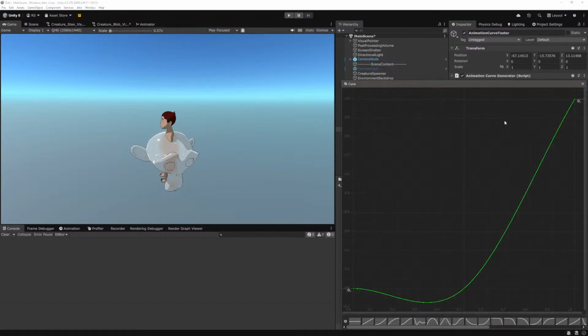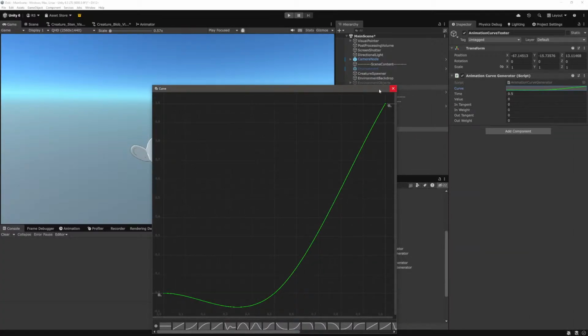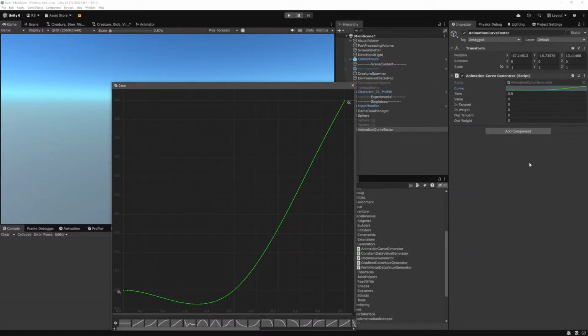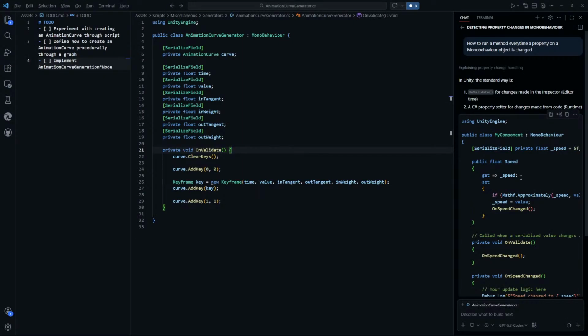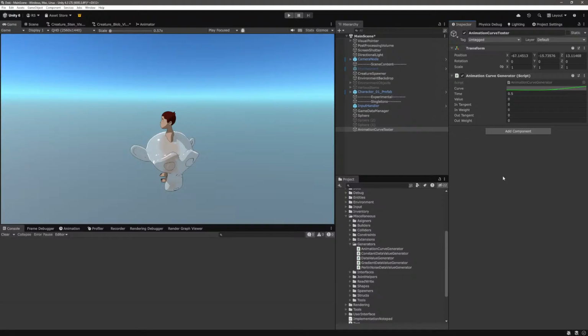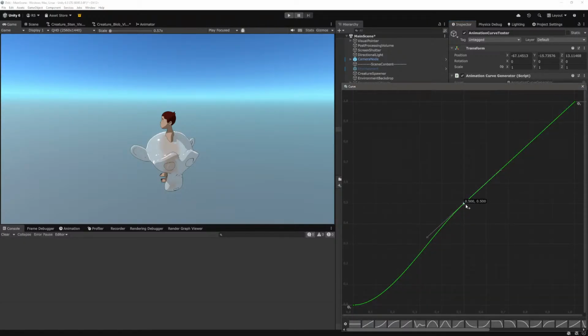Okay, we can see here that we add it on 0.5. That's good. In fact, I would love to keep this one open. Is that even possible? Probably not. But we can see it here. So 0.5, 0.5. Then we have something like this.